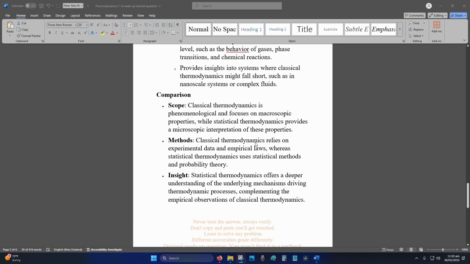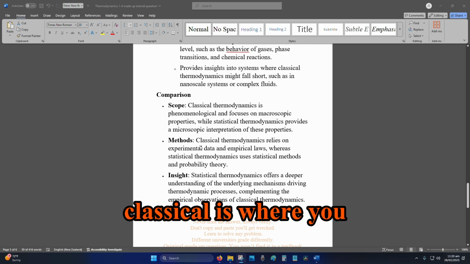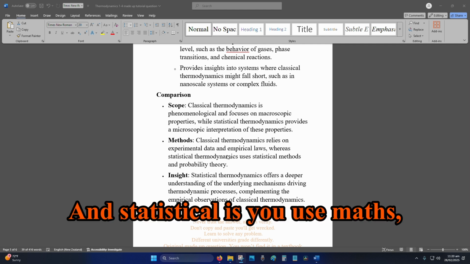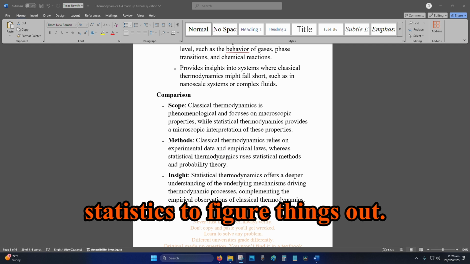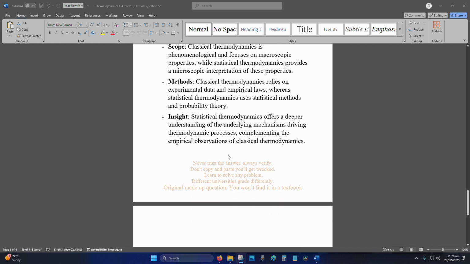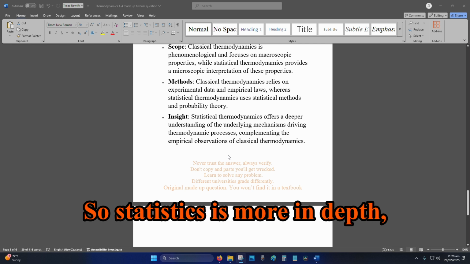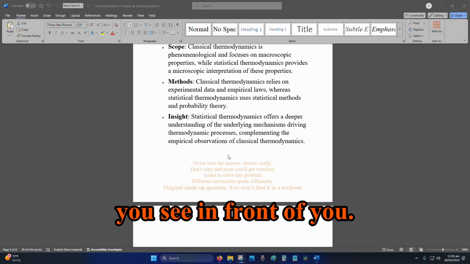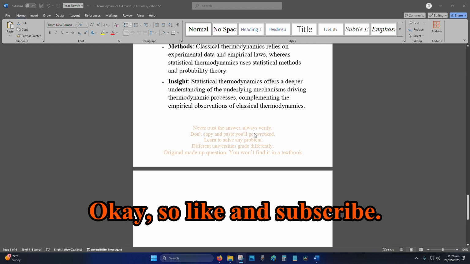Classical is where you conduct the experiment and write down the data, and statistical is where you use maths, like statistics, to figure things out. So statistics is more in-depth, whereas classical is what you see in front of you.